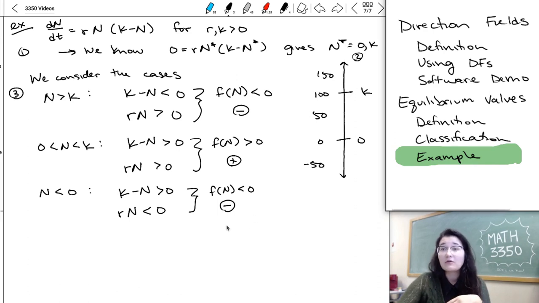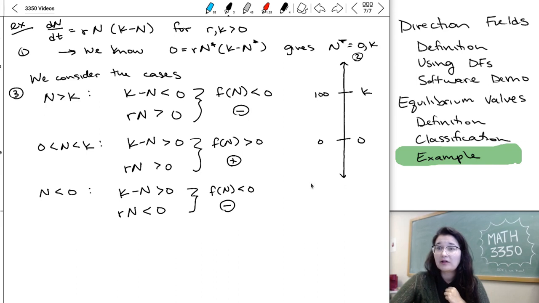Plug them in. You don't need to do this generic case thing the way I am. If it's easier for you to calculate from a number, just make sure you pick numbers that fall between all your equilibrium values and above and below the largest and smallest. So then that was step 3, calculate all those signs.